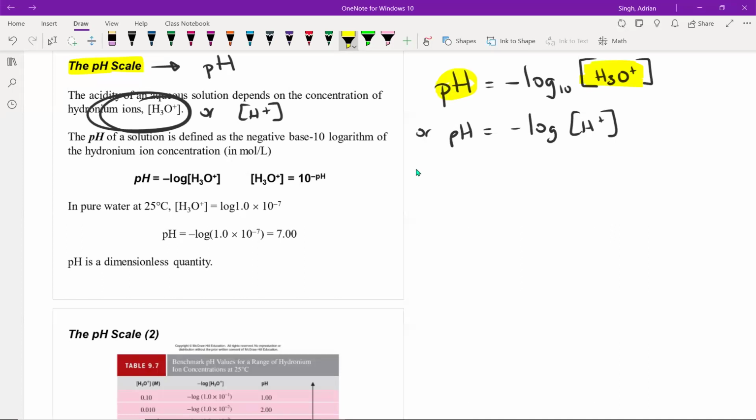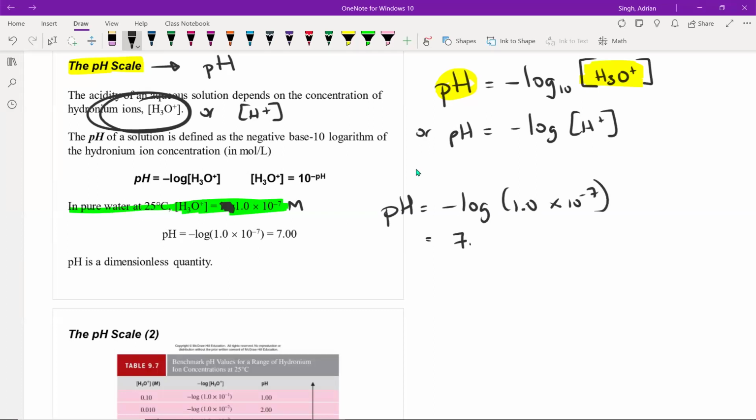So for example, if we're looking at pure H2O, pure water at 25 degrees Celsius, what we find is that the concentration of the H3O plus, the hydronium ion, this is a typo here, is 1.0 times 10 to the negative 7 molar. So if I were to take this now and calculate the pH, well, the pH would be the negative log of that 1.0 times 10 to the negative 7, and this gives me a pH value of 7.00.